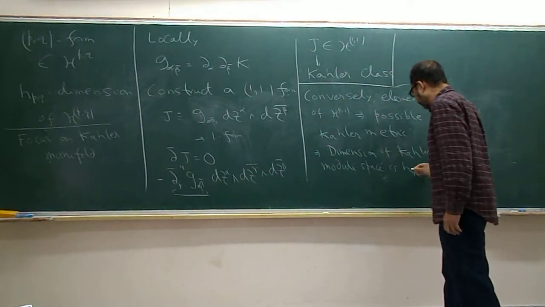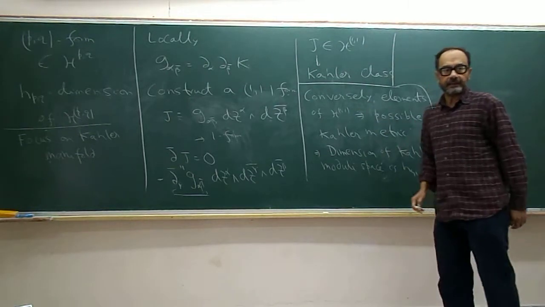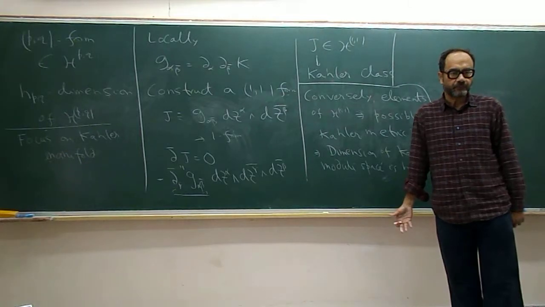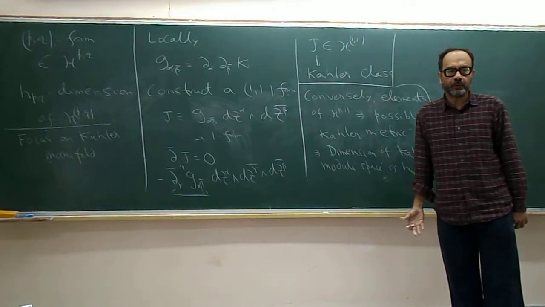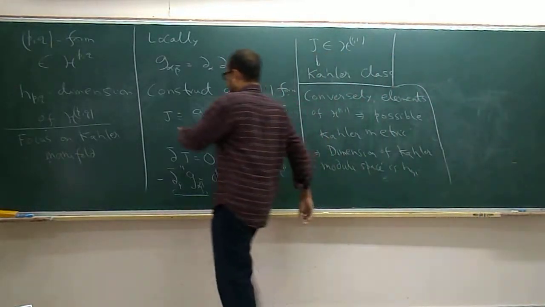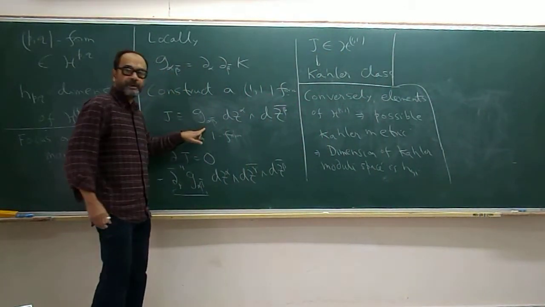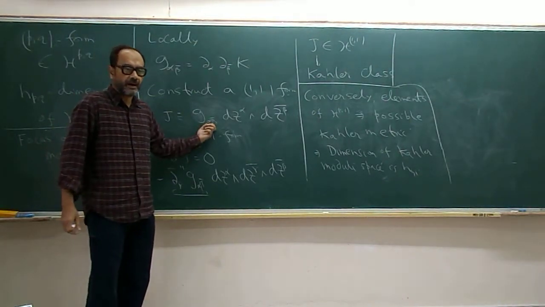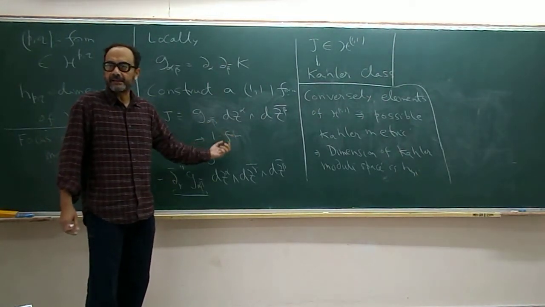Because given an element of H^{1,1}, we can use it to construct a scalar metric. Because given an element of H^{1,1}, it defines something like J, which has the index α β̄, and now you simply take that index g_{αβ̄} to define a metric rather than a form.